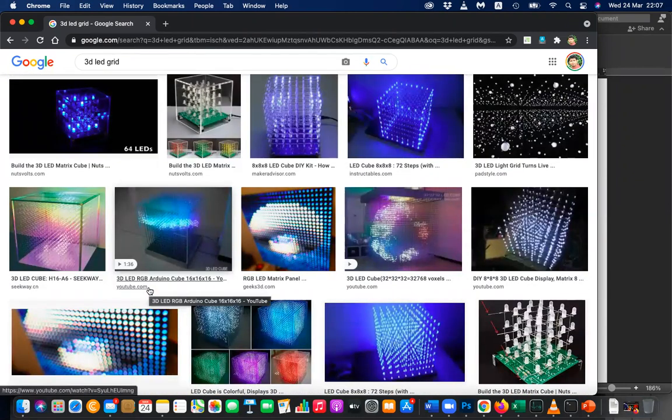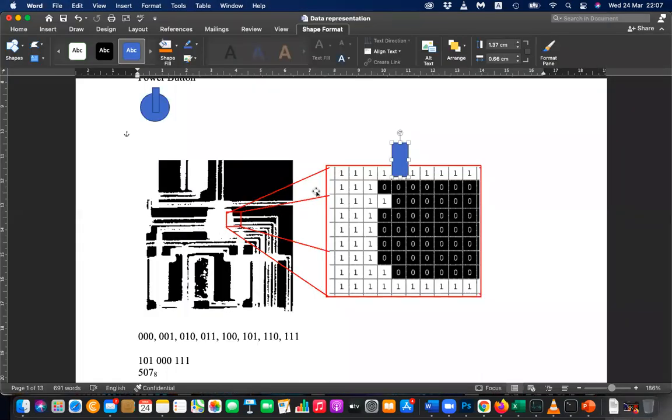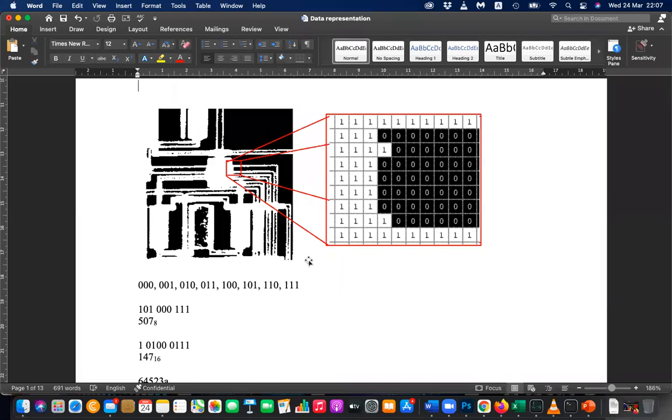But actually, it doesn't have 3. Nowadays, normally 1 pixel has 24 bits to represent the color. Imagine that. So how many colors?